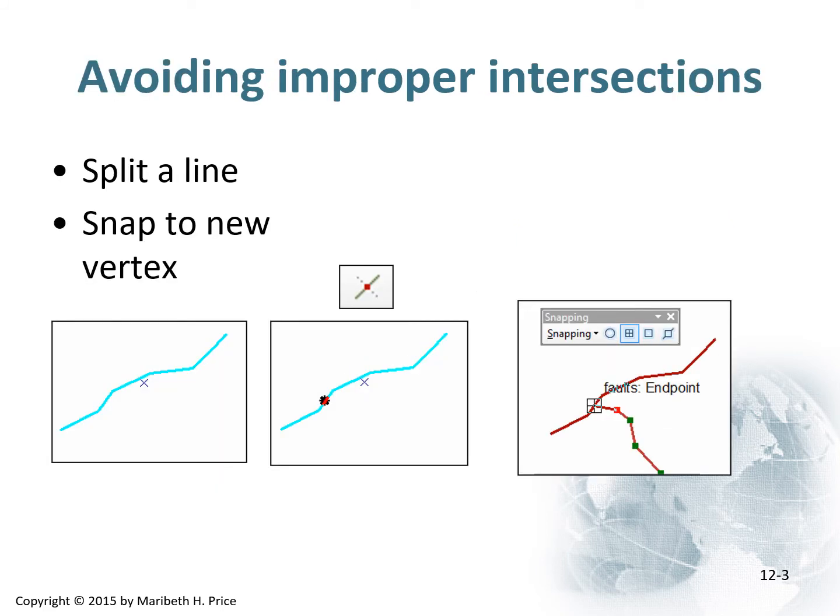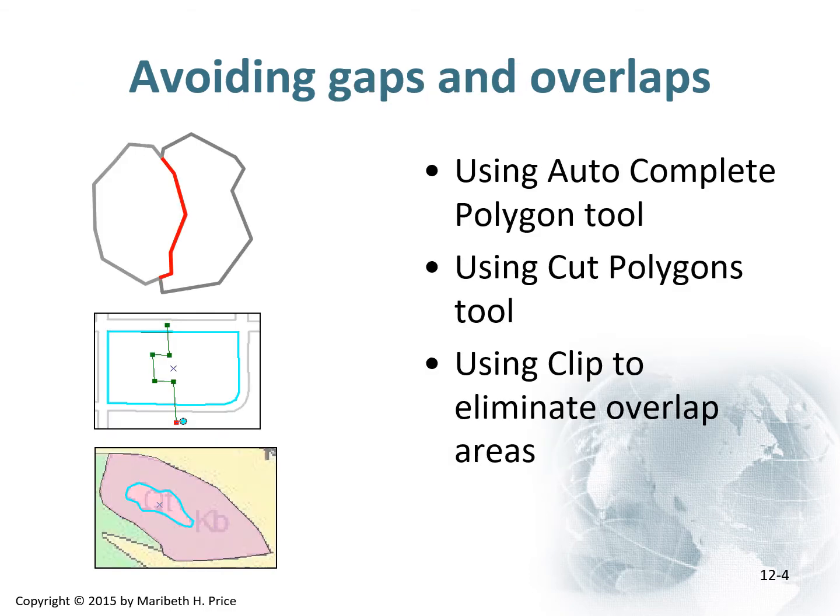This will create what topologically would be considered a proper intersection. Or using the cut polygon tool.